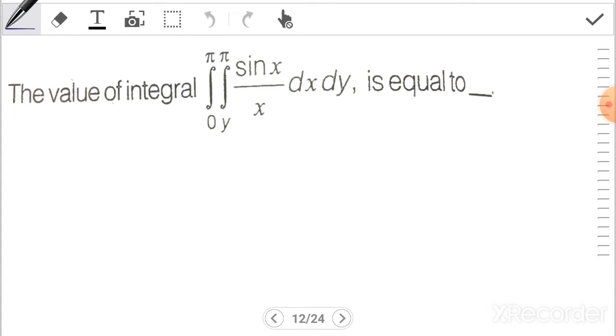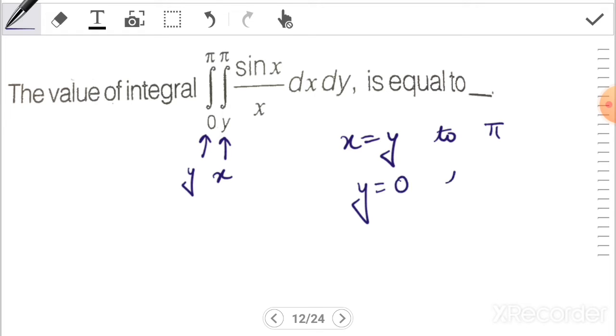The value of the integral 0 to pi and y to pi, this is x, this is y, equal to. If you notice, solving this integral is easier if you change the order of integration. So x is varying from y to pi and y is varying from 0 to pi.